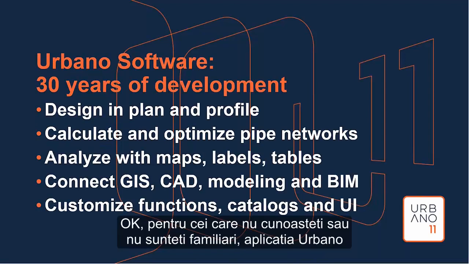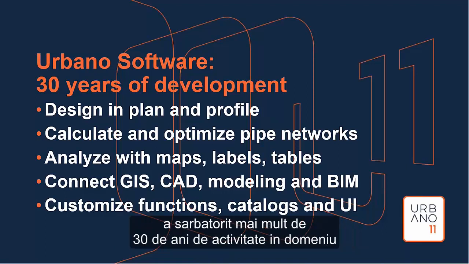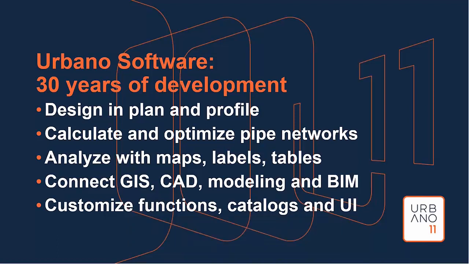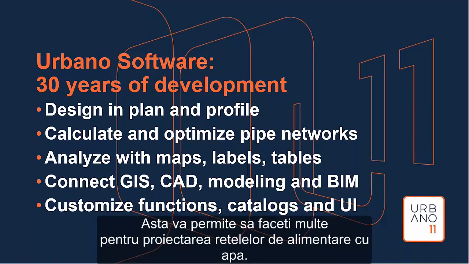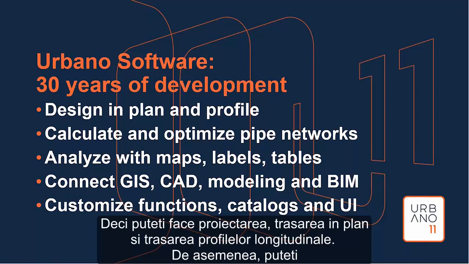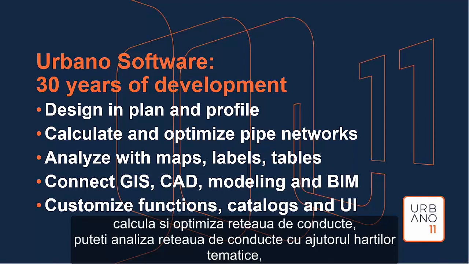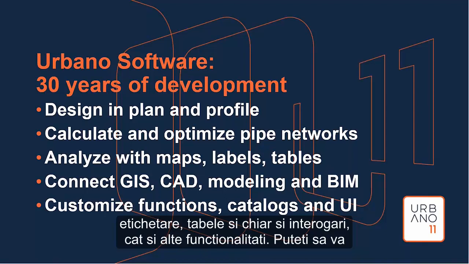Okay, so for those of you who are not familiar, Urbano software has celebrated more than 30 years of development some time ago. Urbano software allows you to do a lot for pipe network systems design. You can do design in plan and profile, also calculate and optimize pipe networks, analyze networks with thematic maps, with labels, tables, and even queries, and many other features.